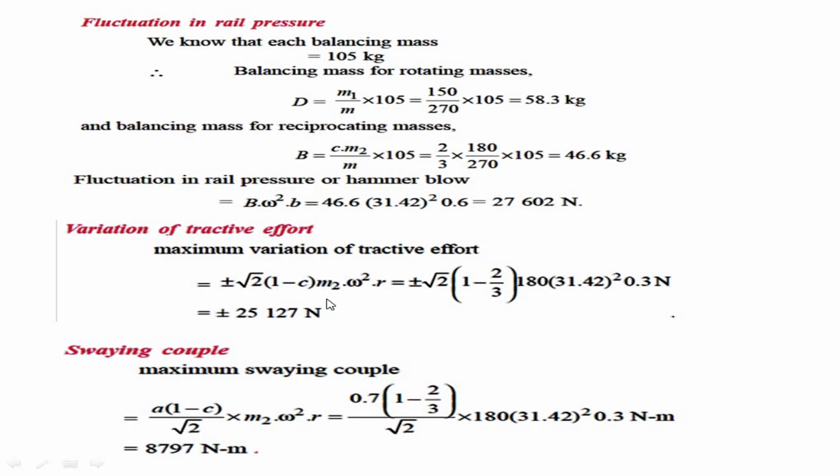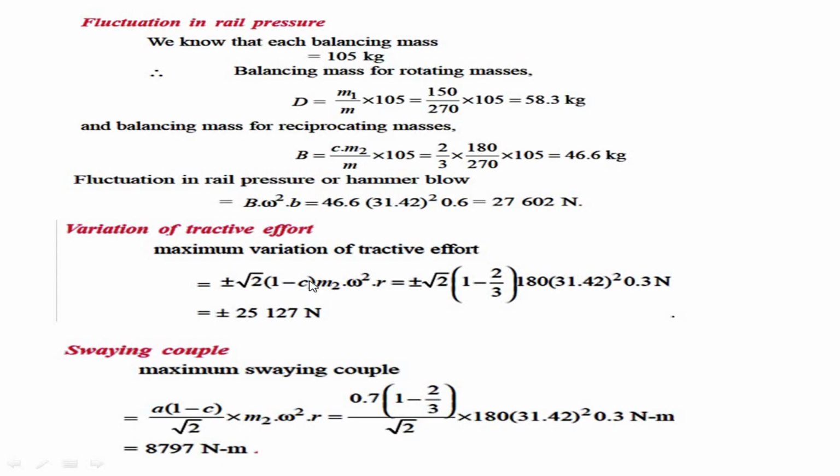Friends, M2 is actually representing the total reciprocating mass, which is 180 kg. It is not a fraction of that particular mass like 2/3 of 180 or 2/3 of 270. It is not like this.